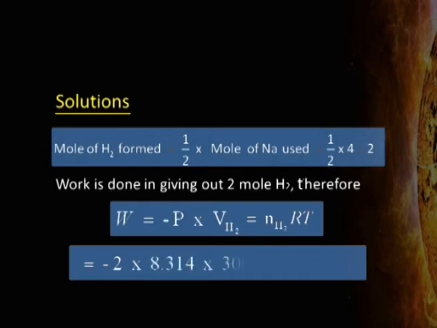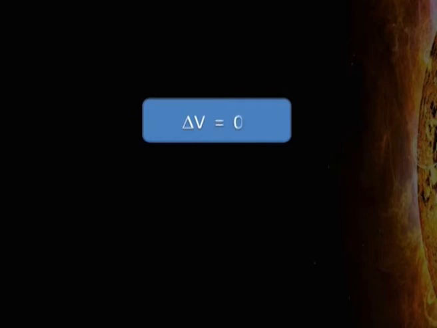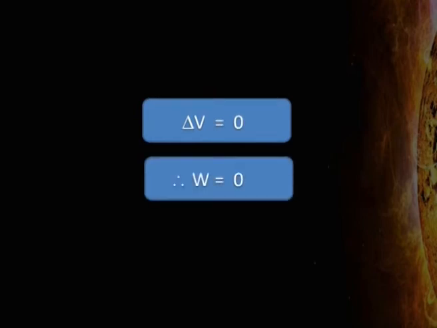Therefore, nRT will be equal to 2 multiplied by 8.314 multiplied by 300, which is equal to minus 4988.4 joules. The hydrogen liberated pushes the atmospheric gases back, hence does work on the surroundings. Therefore, this work will have a negative value. If this reaction was done in a closed vessel, then delta V will be equal to 0 and work done will be equal to 0.